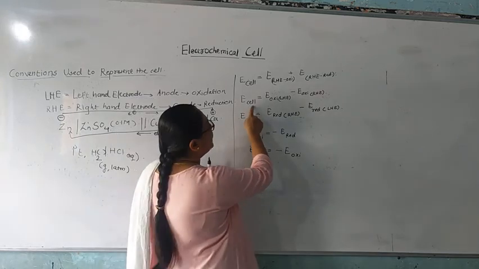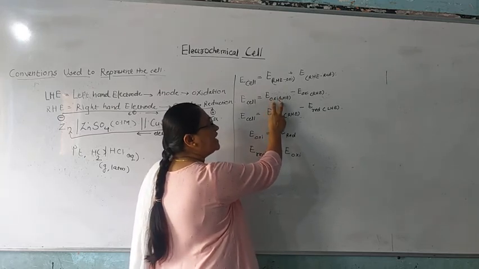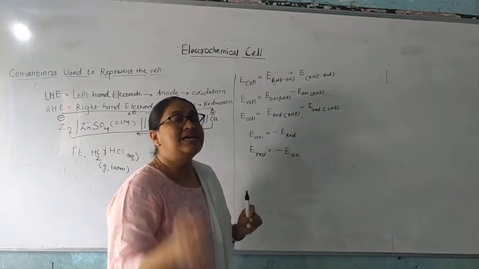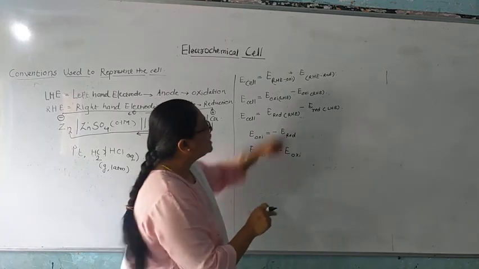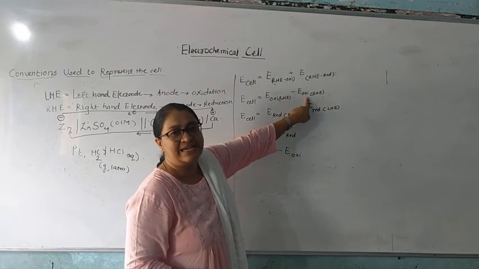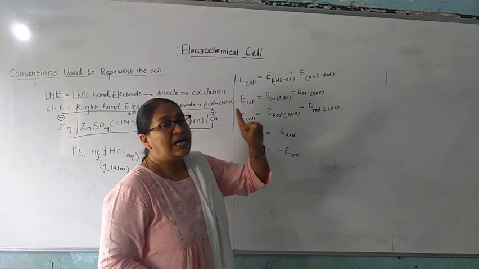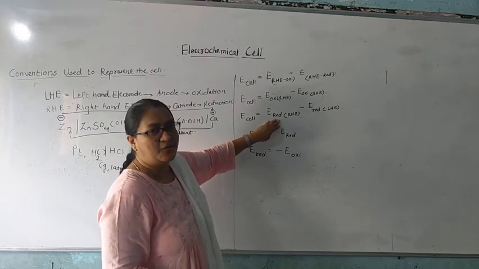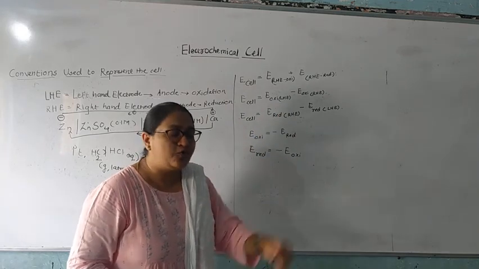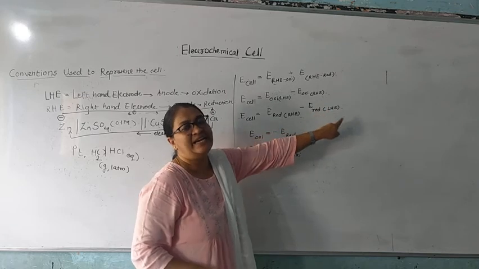See, in this equation what we have done: EMF of the cell is, on the left hand electrode oxidation occurs spontaneously, so whatever its EMF is, it will be positive. But the right hand electrode, for which the reduction potential is positive, its oxidation potential will be negative, so here for RHE the negative sign comes when representing the oxidation potential. Similarly here also, the reduction potential of the right hand electrode is positive, so positive we have taken first, and the left hand electrode, on which oxidation occurs, its reduction potential will be negative, hence minus the reduction potential of the left hand electrode.